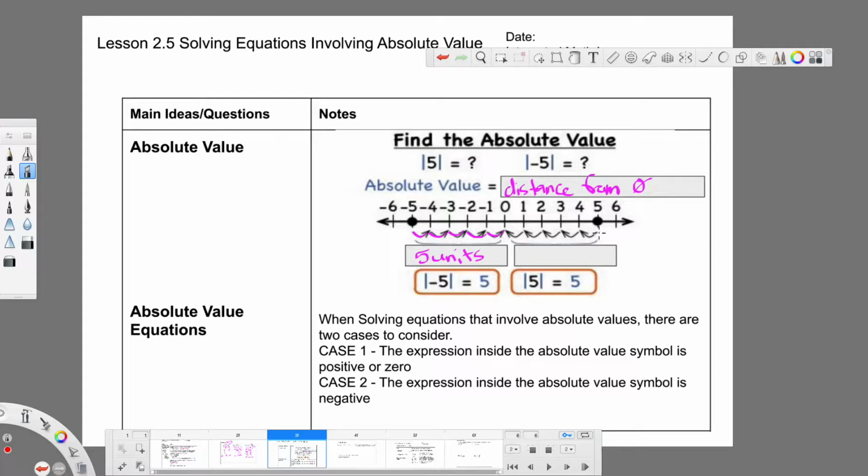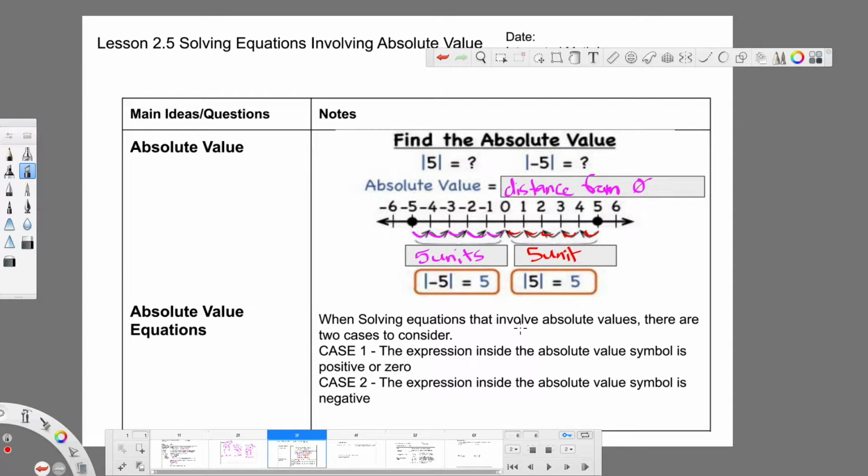And positive 5 is also 1, 2, 3, 4, 5 units from 0. So that's all absolute value is looking at, is how far away is it. We're not really looking at negative or positive. We do go left, we do go right, so we can still show the negatives and positive, but we're really looking more for the direction or the distance.